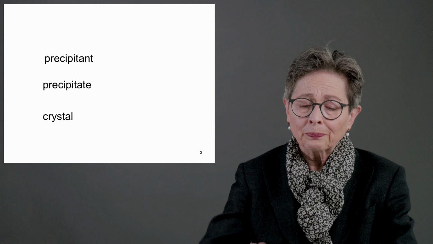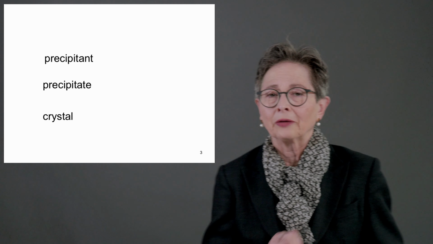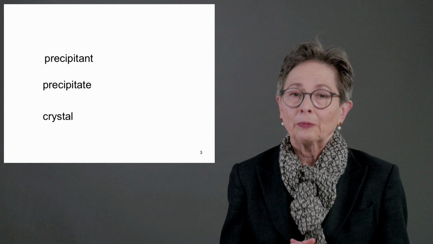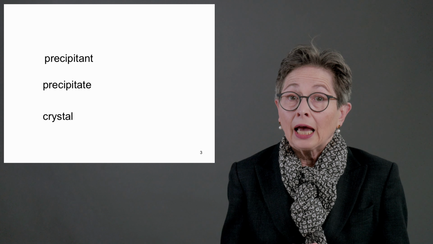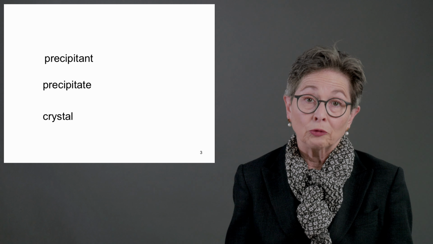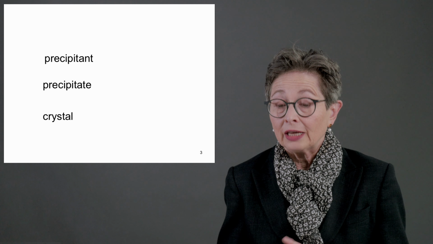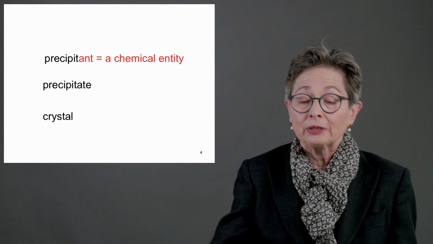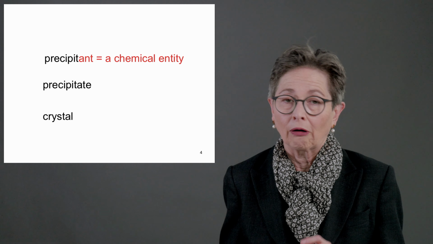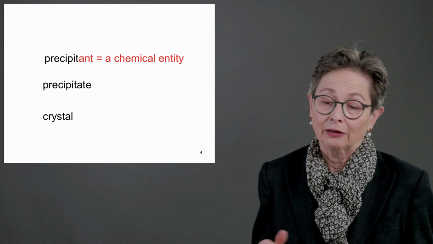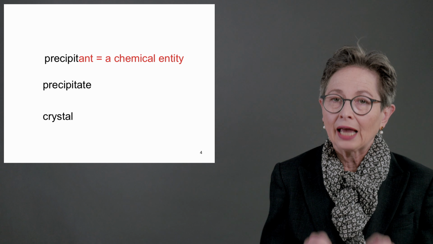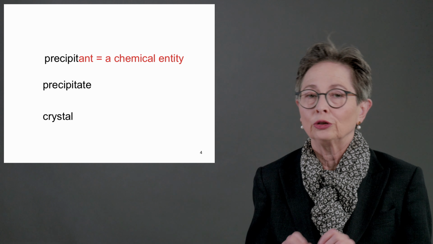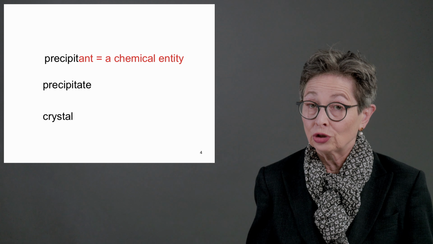So there are three vocabulary words or three definitions that I need to make clear here at the start of the lecture so that you can follow what I'm going to say. The first of these is precipitant. And it's real unfortunate that precipitant and precipitate are so similar to each other in English, because the precipitant is a chemical entity that's used to drive the protein out of solution.